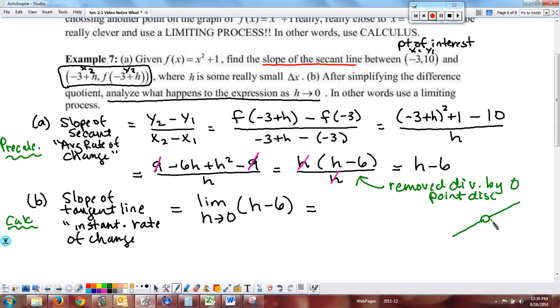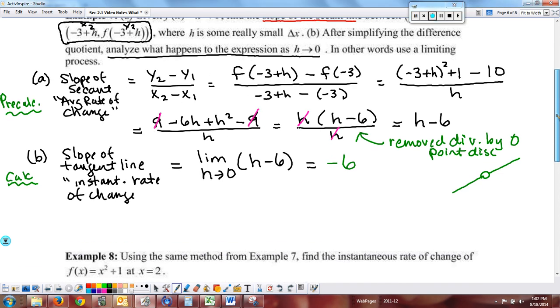And so if I just want to know what the value is approaching, I don't need to worry about the fact that there's a hole there. I can basically now just put in the 0 and say you're going to get negative 6. Negative 6 is going to be the slope of the tangent line at x equal to negative 3. And I found that by doing a limiting process.